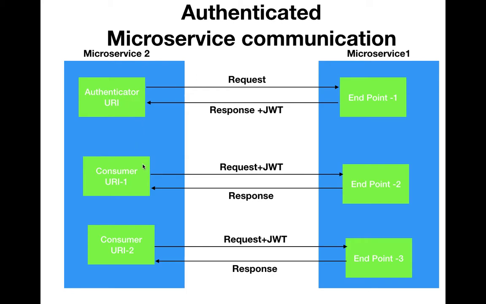Then from the first time onwards, after the authentication, whenever the user provides a request, it will carry the JWT which is available in microservice 2 after the authentication. This will carry on for the rest of the URIs we may have in our microservice 1 or maybe microservice 2.